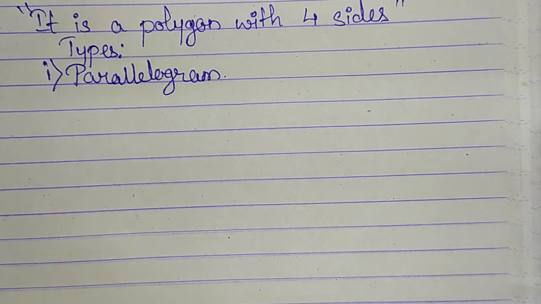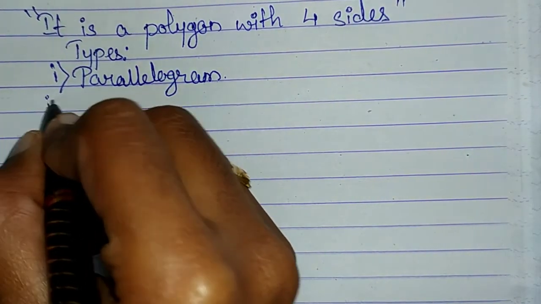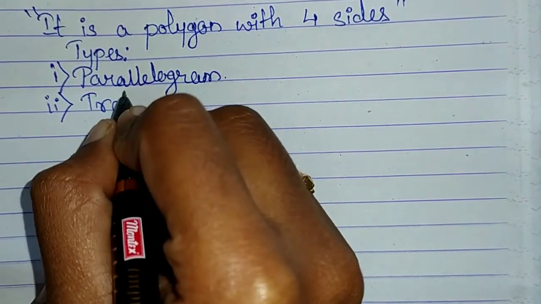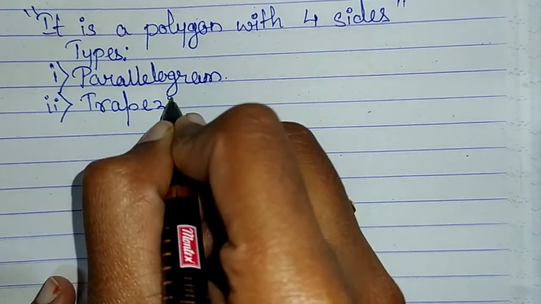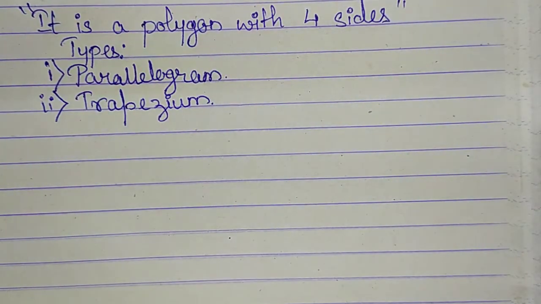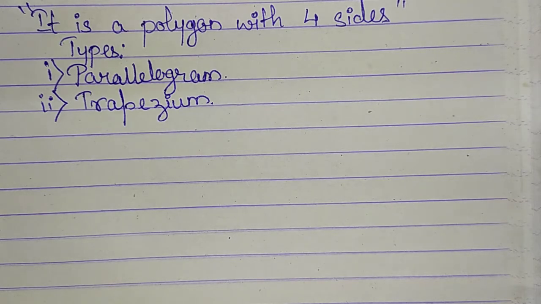That is a parallelogram. The second type of quadrilateral is a trapezium. A trapezium is a type of quadrilateral in which only one pair of opposite sides is parallel. Only one pair is parallel to each other.